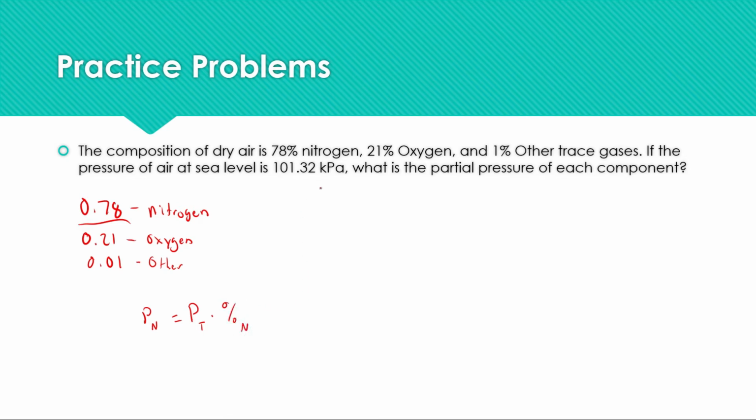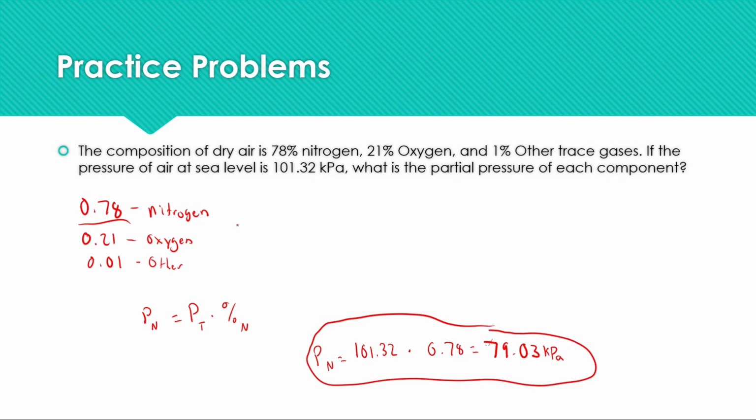Now, when we sub in our variables here, we get partial pressure of nitrogen equals the total pressure, which is 101.32, times its percent, which is 0.78, and that gives us about 79.03 kilopascals. So that's for nitrogen.